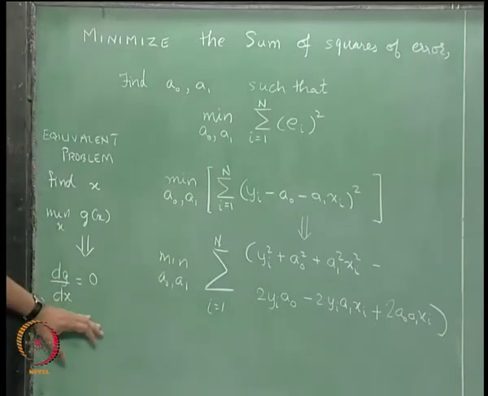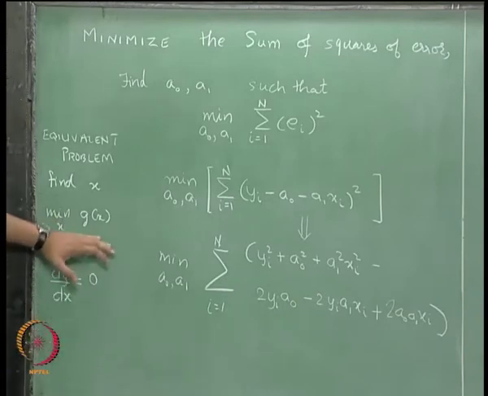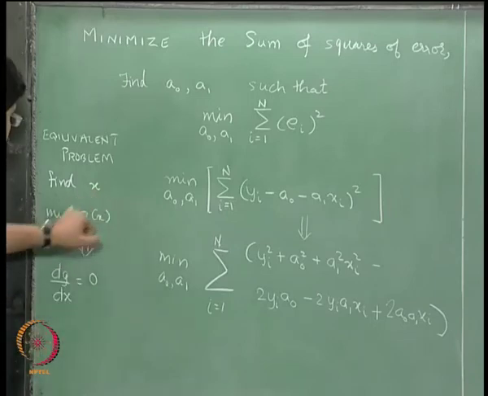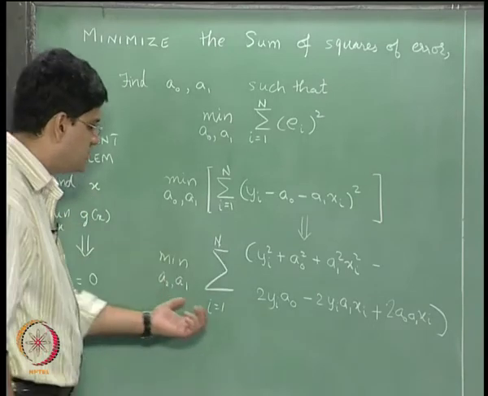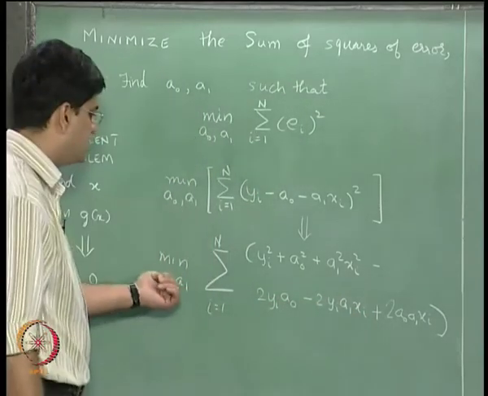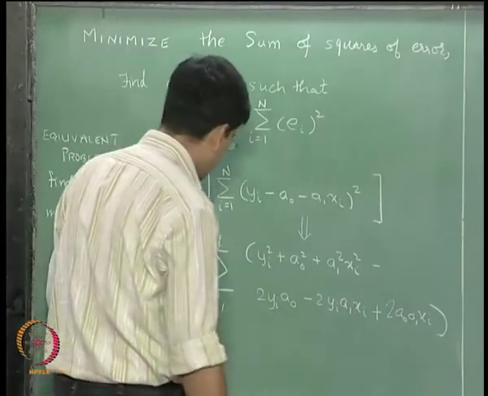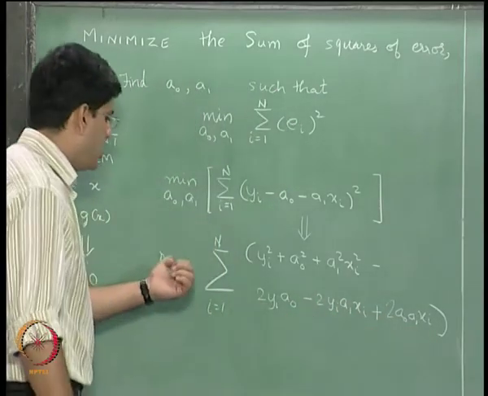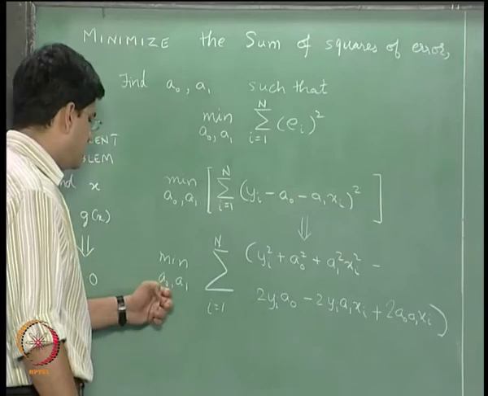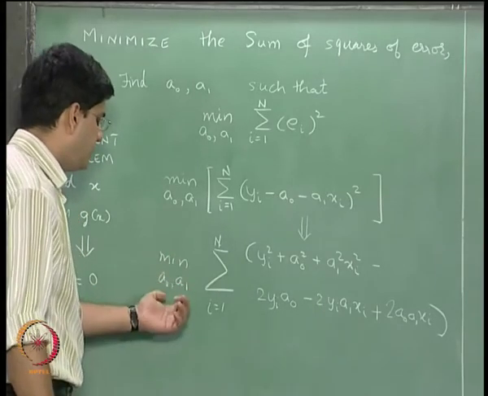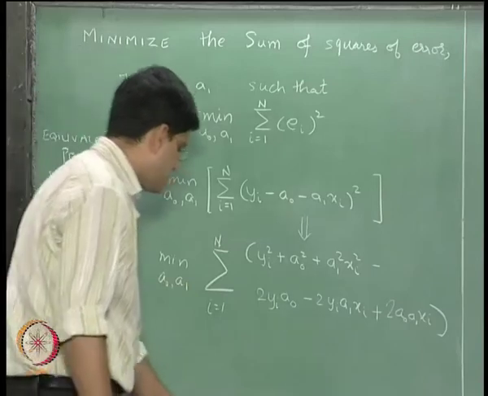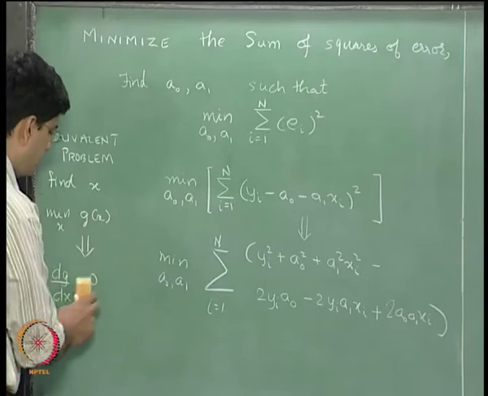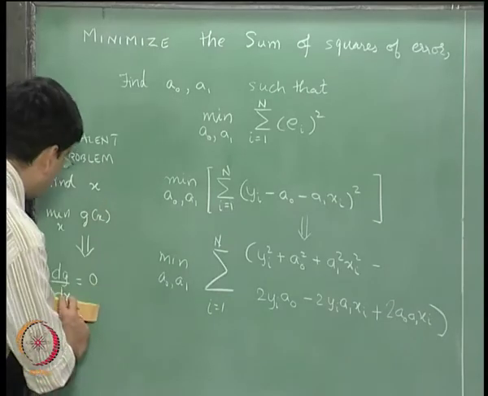This will give us either the minima or the maxima for this particular g of x. In this case, since it is a function of two variables, we take a partial differentiation with respect to A0 and equate it to 0, and take a partial differentiation with respect to A1 and equate it to 0. It is the same problem as we had stated over here.